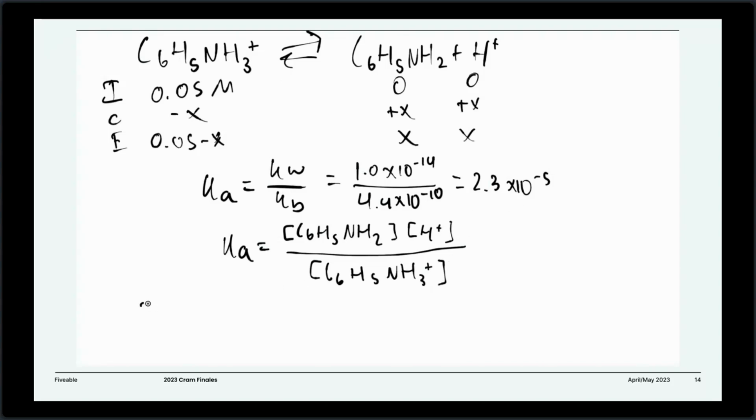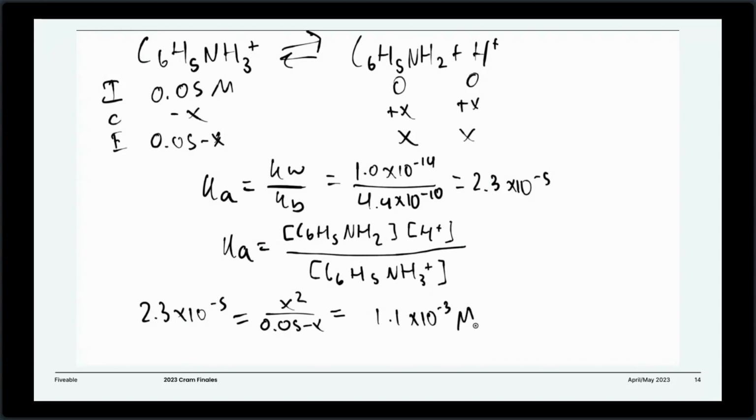That'll be 2.3 times 10 to the negative 5, which equals x squared over 0.05 minus x. The x squared came from our concentration because we don't know x, and x times x is going to be x squared. And over here we divide by 0.05 minus x because that's our concentration for our conjugate acid.